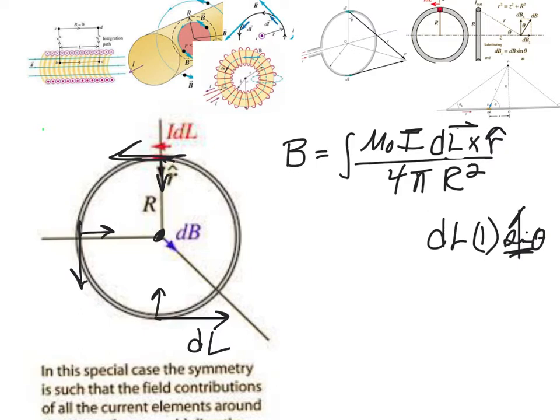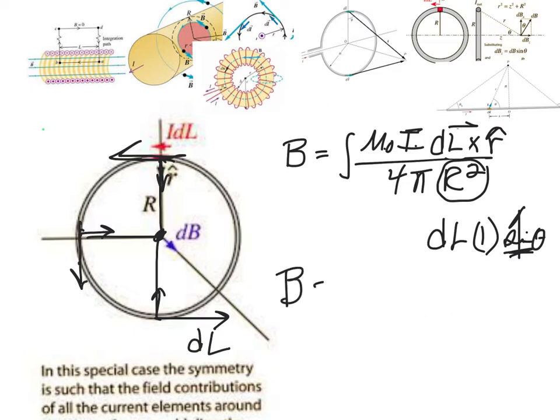And the current is the same. And the distance, this r, is the distance from the wire segment, the dl, to the point. And for every dl, that distance is the radius of the circle.